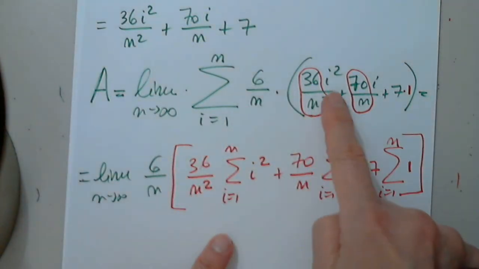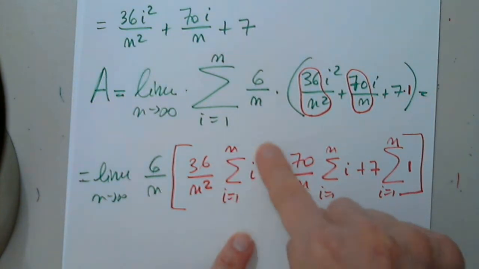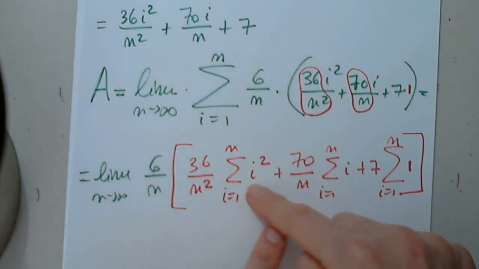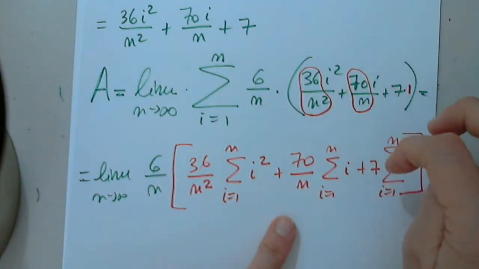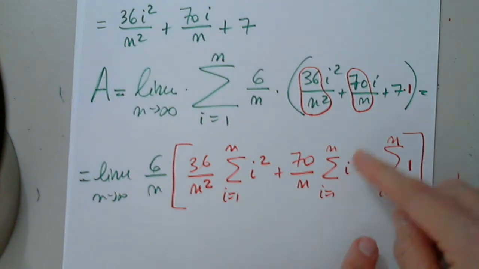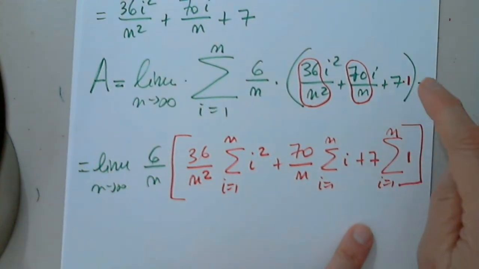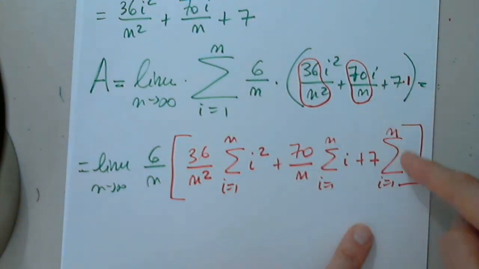And the only piece that depends on i is i squared, and I have an answer for this. Then when I apply the sum to the second term, I realize that 30 over n goes in front, and I have the sum of i. And here I have to remember that 7 times 1, 7 goes in front, and the sum of 1 is what I know.